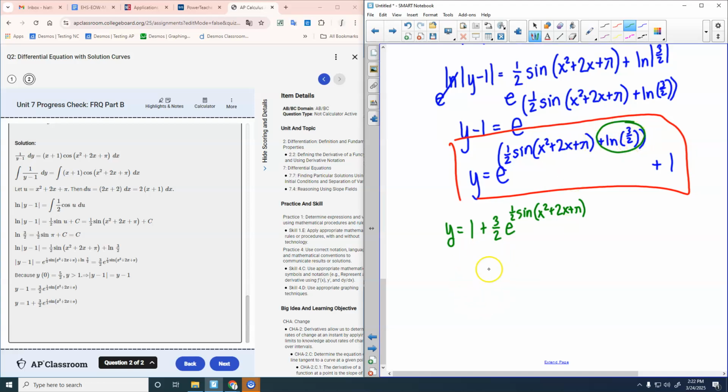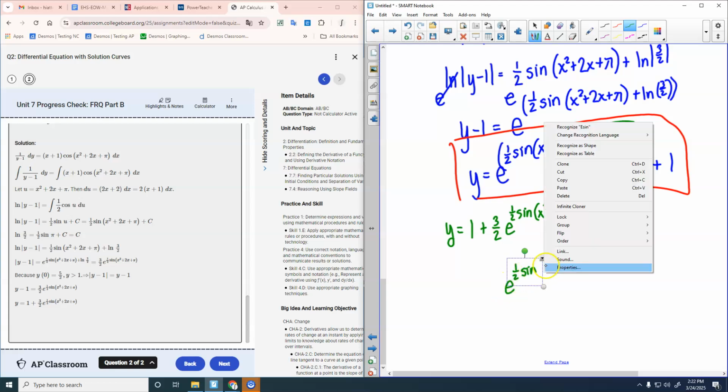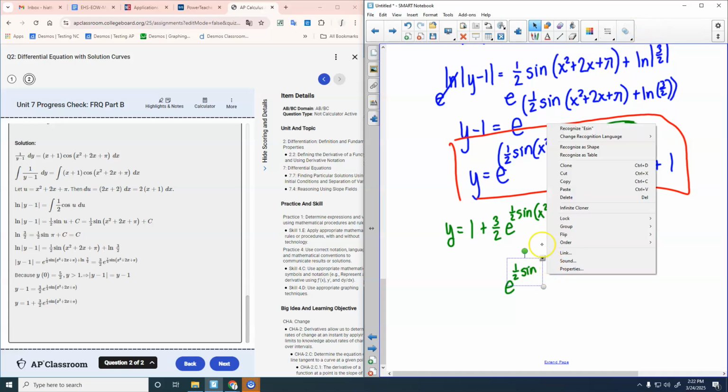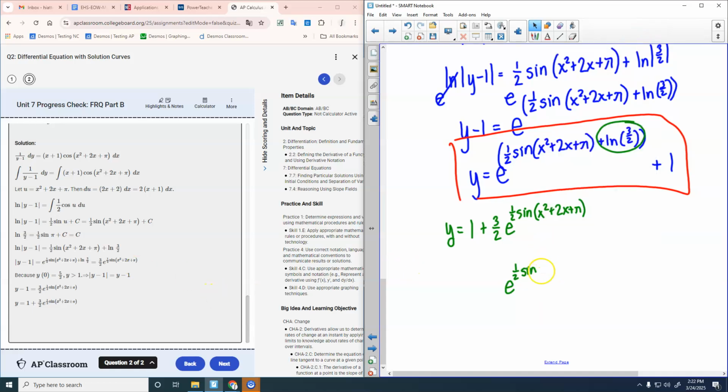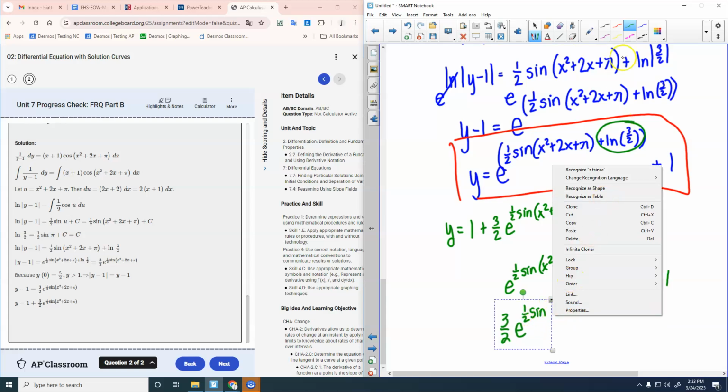So what you really had is e to the 1/2 sine of x squared plus 2x plus pi times e to the natural log of 3/2. And e and natural log cancel each other out. And so you would just have 3/2 times e to the 1/2 sine of x squared.